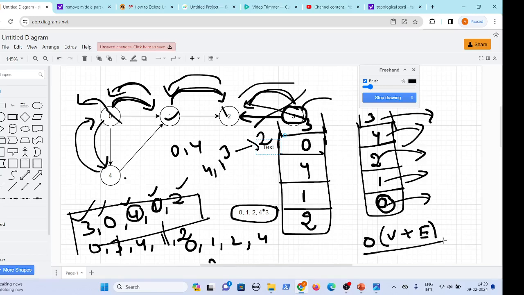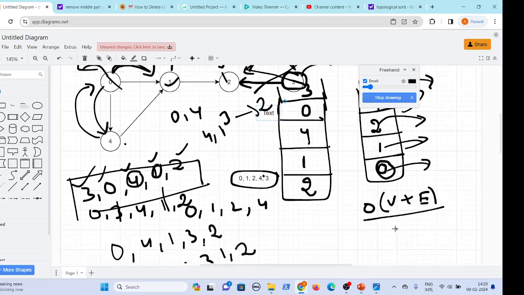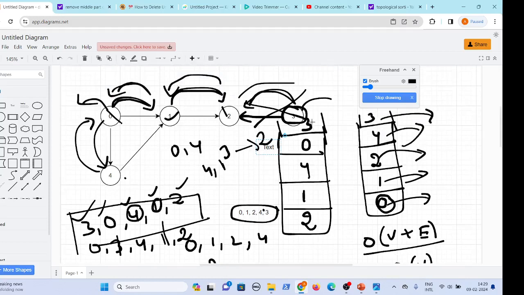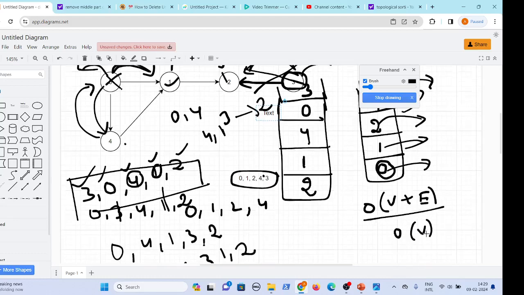Order of V plus E is the time complexity, and space complexity would be order of V, because even if you don't consider the recursion stack, you have to have a set or some array to store the visited value against each vertex, right? For that, the space complexity would be order of V.